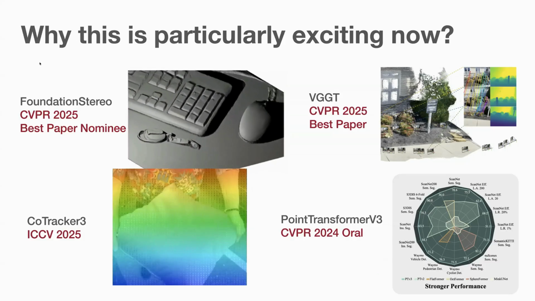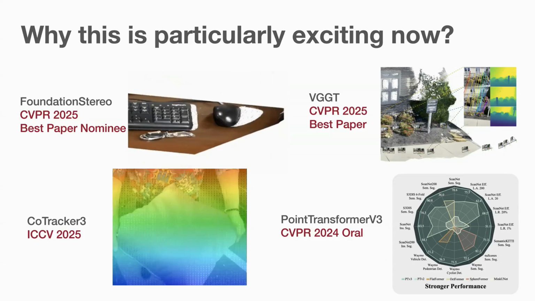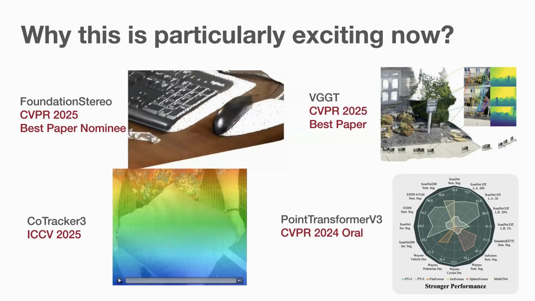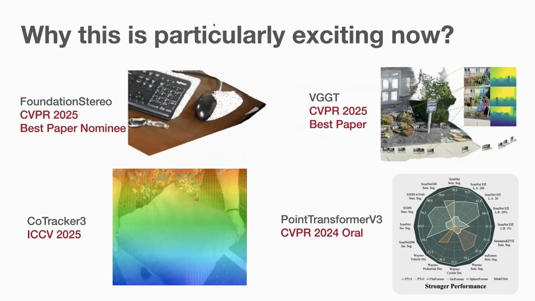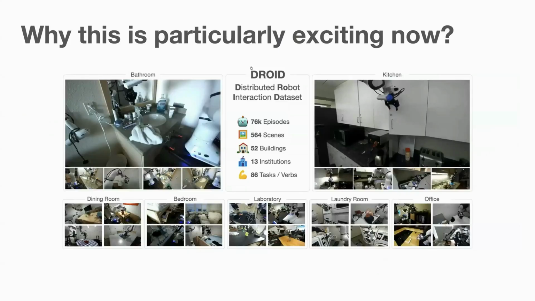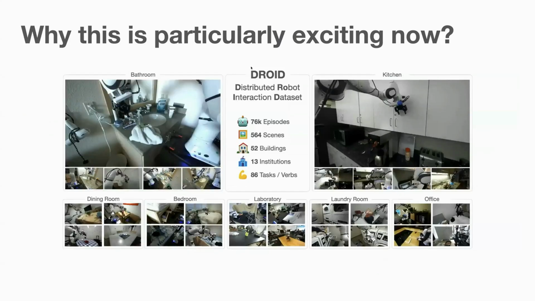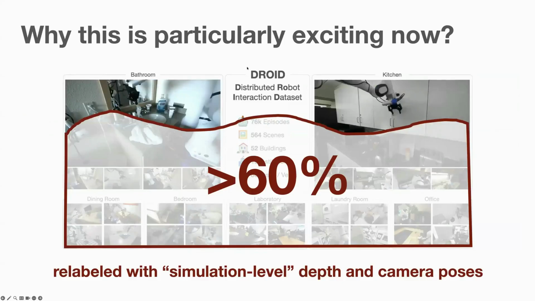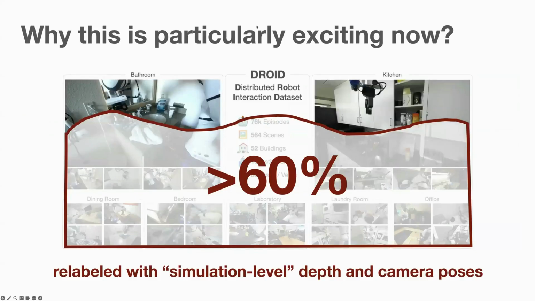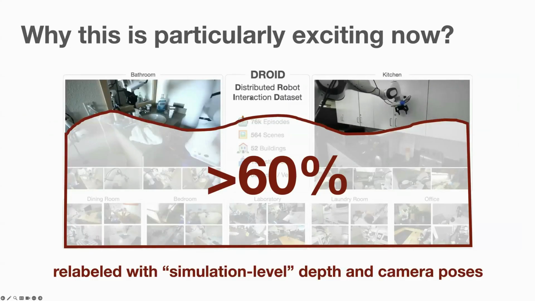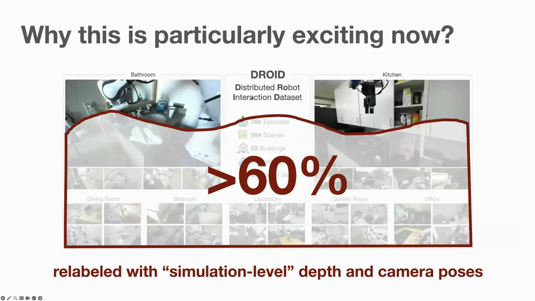These are Foundation Stereo, VGGT, CoTracker 3, and Point Transformer V3. These are all wonderful works from recent years. And we're using all of them to annotate the DROID dataset. We can annotate slightly more than 60% of the whole DROID dataset, including both success and failure data, with almost simulation-level depth and camera poses.